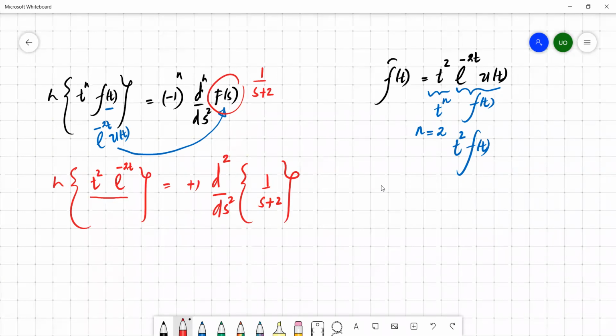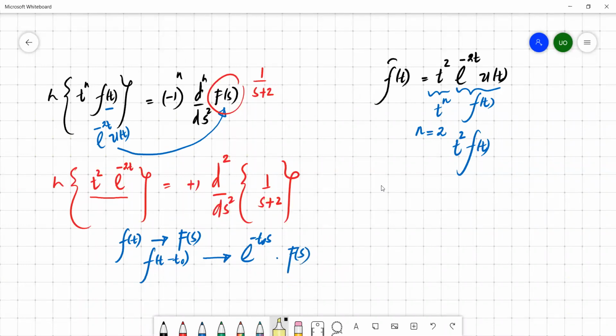For example, if you have a Laplace transform of f(t) as F(s), and you have f(t minus t naught), the Laplace transform of this is basically e to the power minus t naught s into F(s).